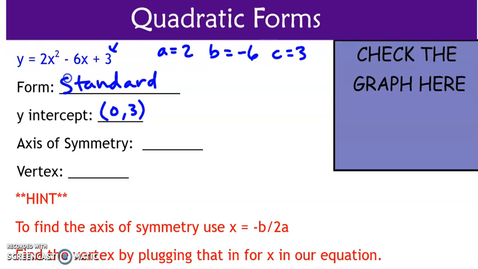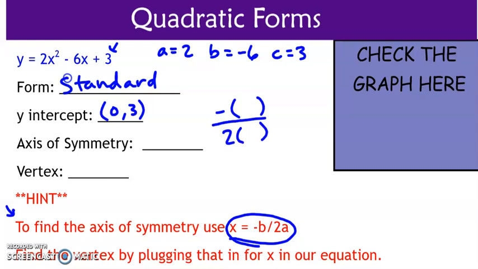Now for the axis of symmetry, we have to remember in standard form, this is where a and b are useful. We use them in this formula, negative b over 2a, to figure out our axis of symmetry. So if I have negative b over 2 times a, now I just plug in a and b.